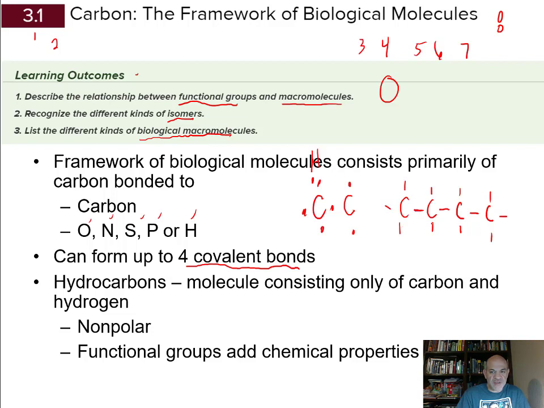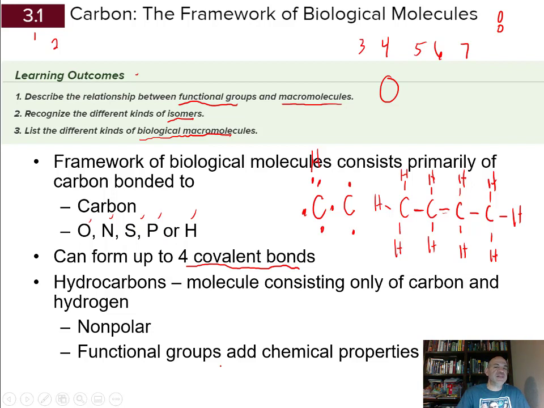So each dash is a pair of electrons, so that's 8 around there and so on. And the simplest organic compounds we can make are these hydrocarbons. They're called hydrocarbons because they have carbon and hydrogen. Okay?